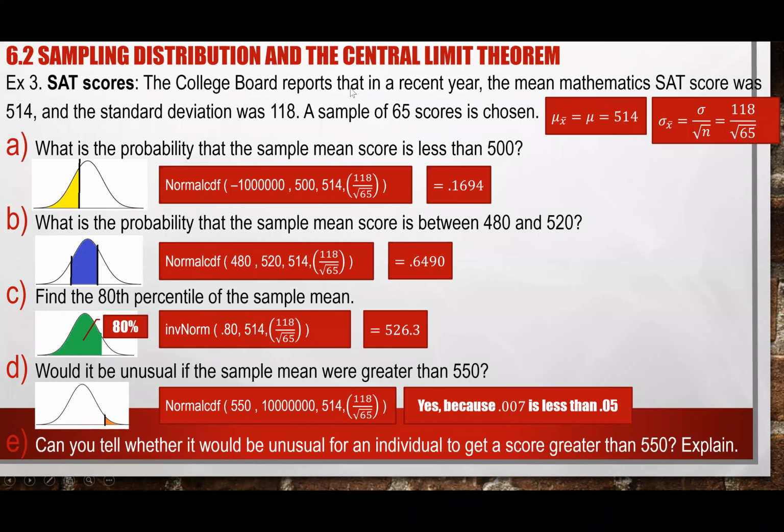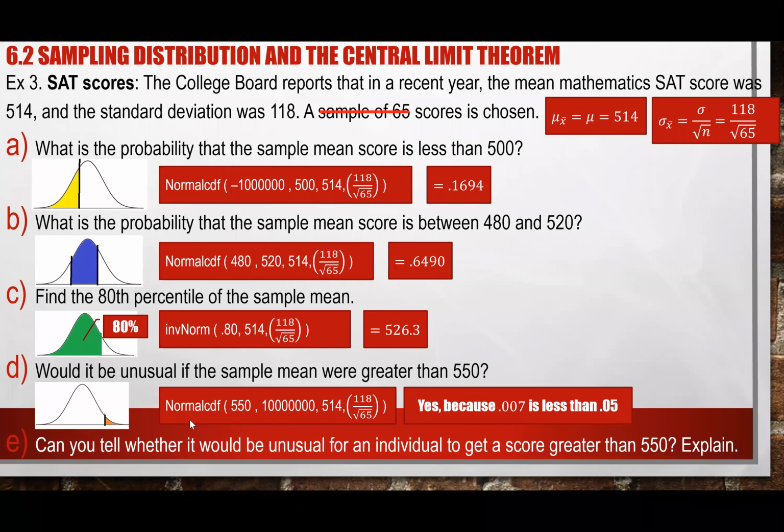Hopefully you see that there's nothing in E that mentions the sample, meaning we are not dealing with these 59 or 65 people. We have an individual, and we ask, if I go outside and pick one of you guys and give you this test, is it unusual for you to score greater than 550? Because E does not mention anything about a sample, we are dealing with the population.